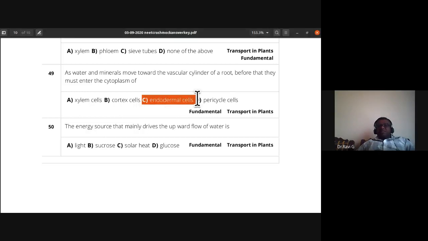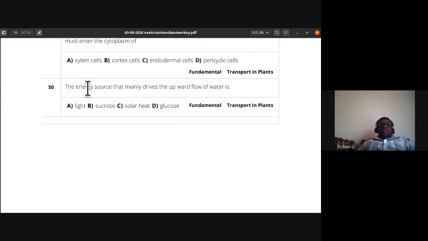The energy source that mainly drives the upward flow of water is, okay, upward flow of water. What is the energy source? Light, sucrose, solar heat, or glucose. Which is the energy source that drives it upward? Evaporation has to happen, right? For transpiration, the answer is solar heat.